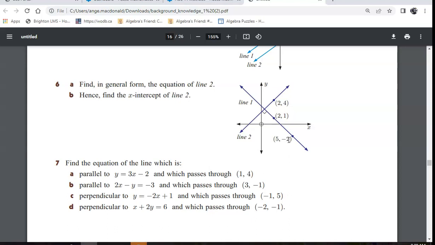What 2 things do we need to find the slope normally? 2 points. Oh, line 2, sorry. I've got 1 point, but I do not have another point. How sad. But then what's this going to do? What is that saying?